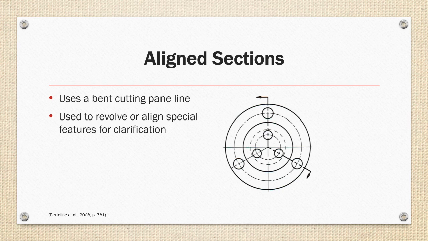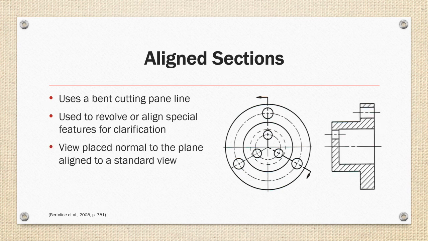It's used to revolve or align special features for clarification. So in the example on the right, we'd be clarifying the holes in the bent section of the cutting plane. The view is placed normal to the plane aligned with the standard view. So as in the example on the right, if we were normally projecting what you would see without aligning this section view, it would occur on the right because the section of the cutting plane that's normal to the view is pointing left.